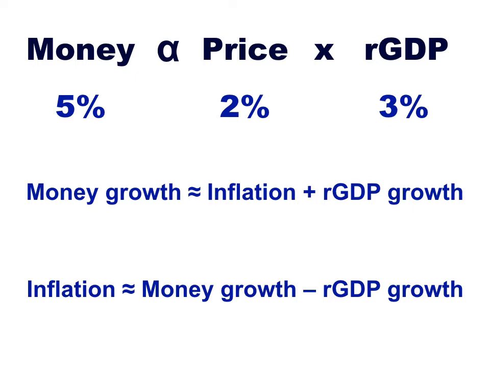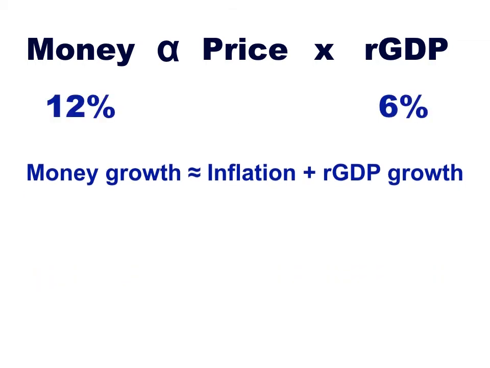But what happens when we have higher percentage changes? 12% and 6%. If we were going to use our estimate, we would say that the price level should increase by 6%, or inflation is 6%. But if we actually used our accurate calculation, we would have 1.12 for an increase in the money supply.